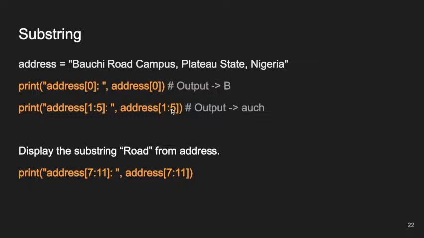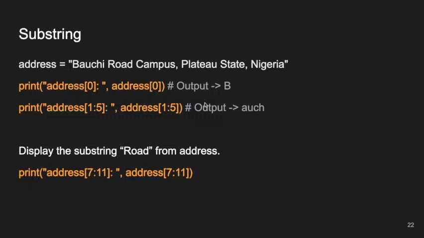It stops at index 5 but does not include index 5 in the slice or substring. So address 1:5 will give you 1, 2, 3, and 4. That's why you get something like this when you print it out.